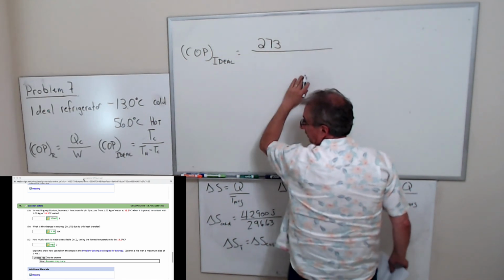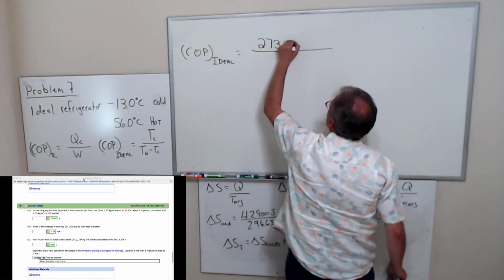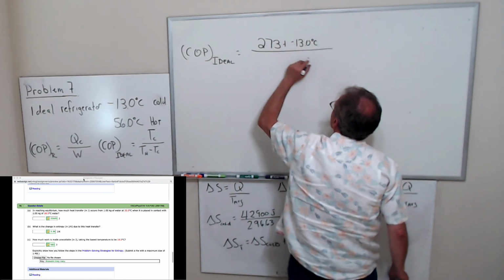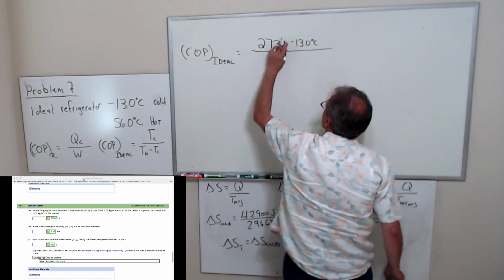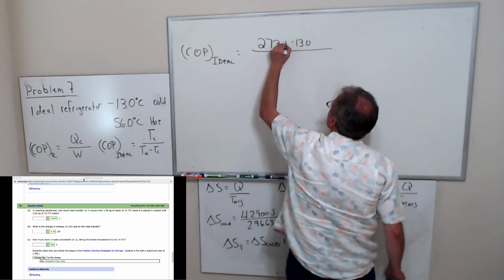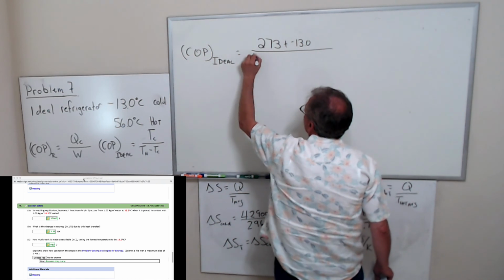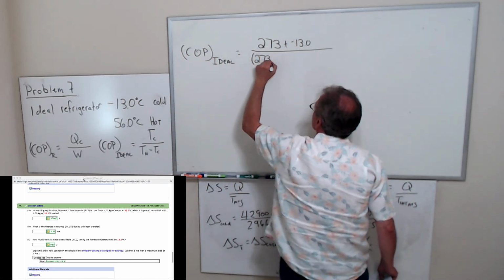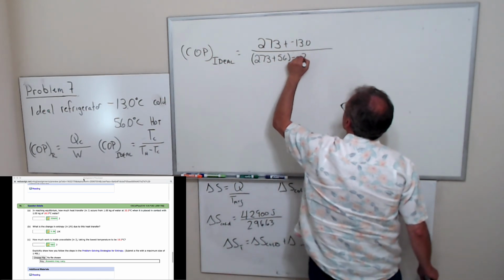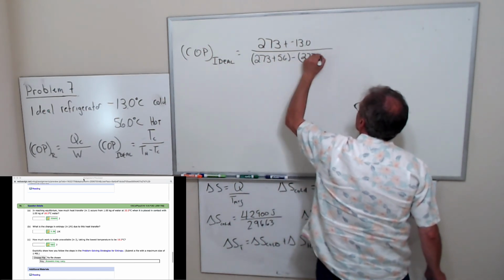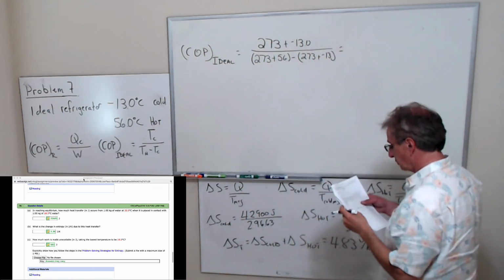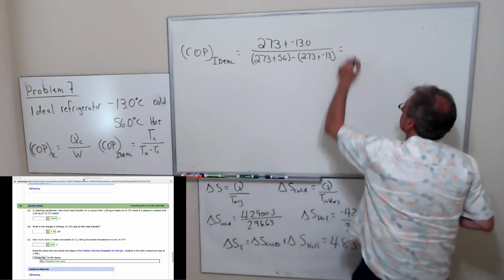I'm dropping a 0.15 every time, but, and then the denominator T hot is 56. And when you do this work, you get 3.77.